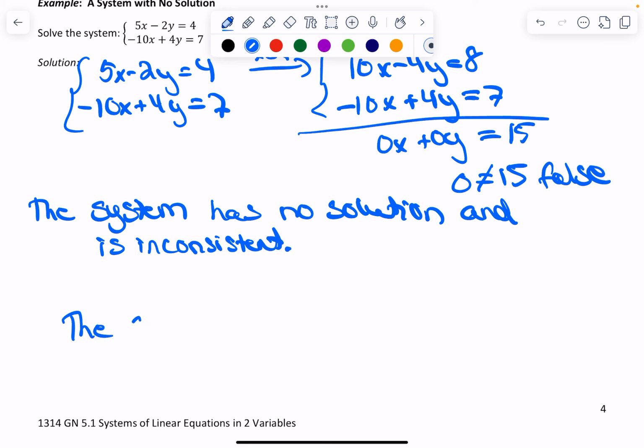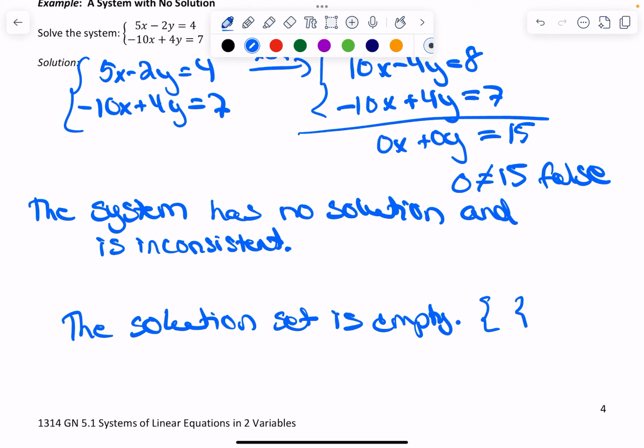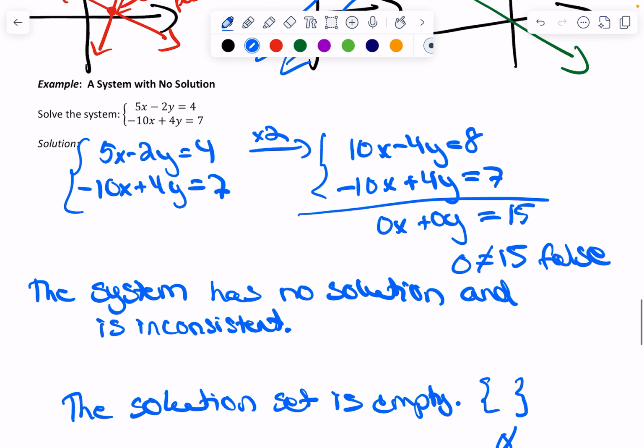Another way of saying that it has no solution is that the solution set is empty. The way we can write an empty set is braces with nothing in it. If you put 0 in there, it means that there's a 0 in the solution set, so it has to be completely empty. The other way is to write a 0 with a line through it. This is also a symbol for an empty set. So this was a system with no solution.